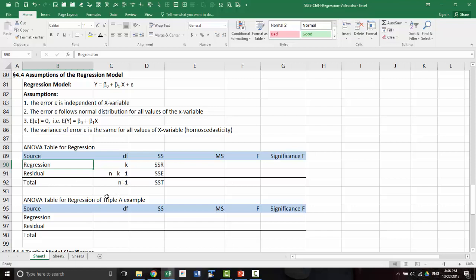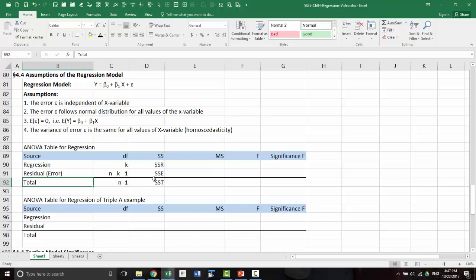The total degrees of freedom is always n minus 1, the sample size minus 1. And so the residual degrees of freedom, or error degrees of freedom, often this is also referred to as error. So residual and error are used interchangeably. That would be the difference between that and that, so n minus k minus 1. So that's our degrees of freedom.